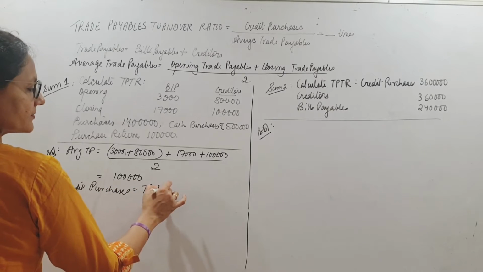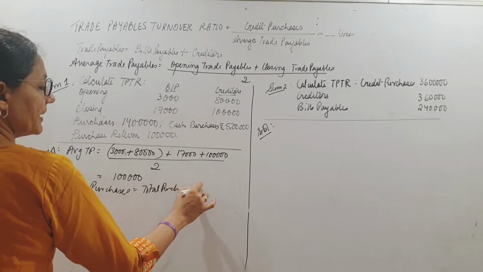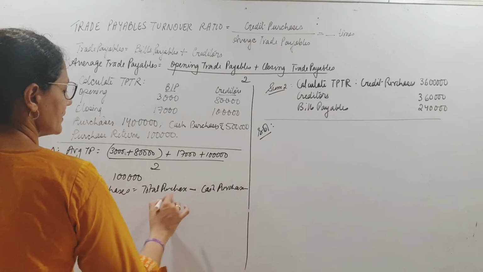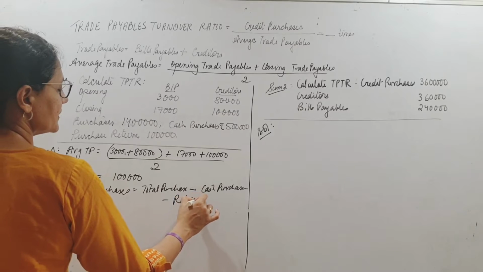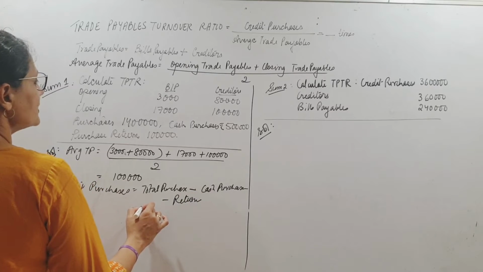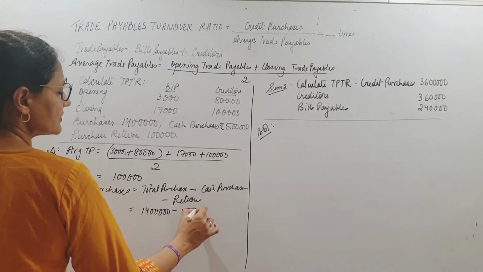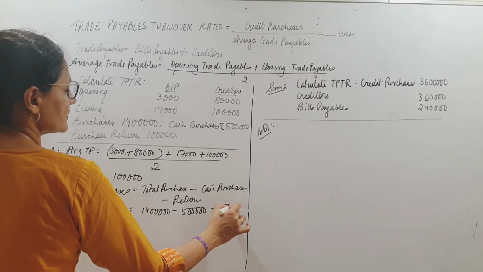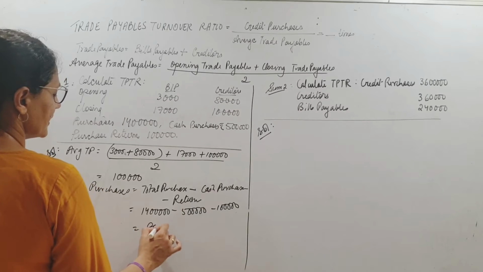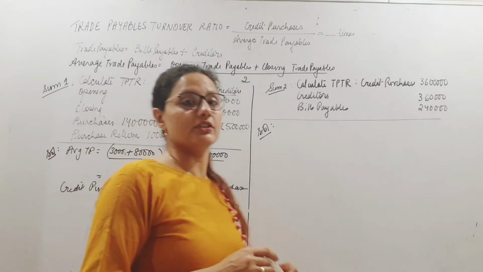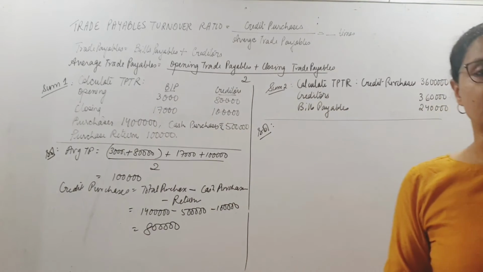Total purchase minus cash purchases minus the purchase returns. So it is 14 lakhs minus 5 lakhs minus 1 lakh, 8 lakhs. 8 lakhs is my total credit purchase during the year.